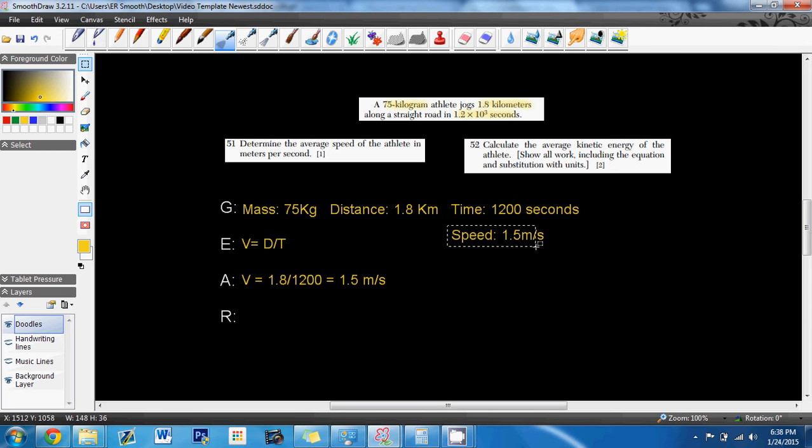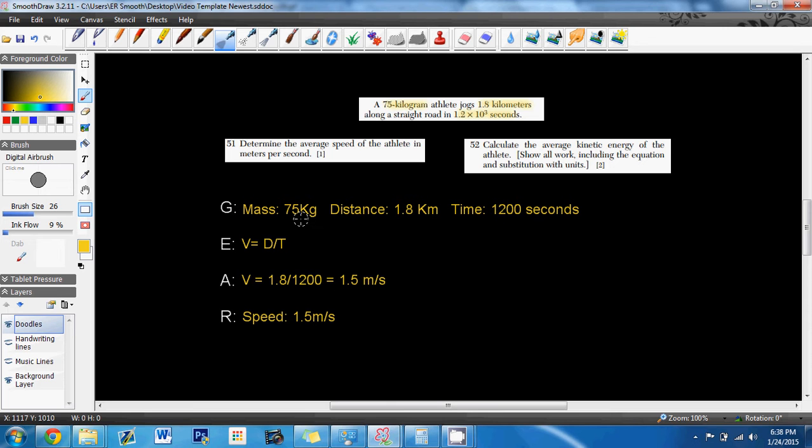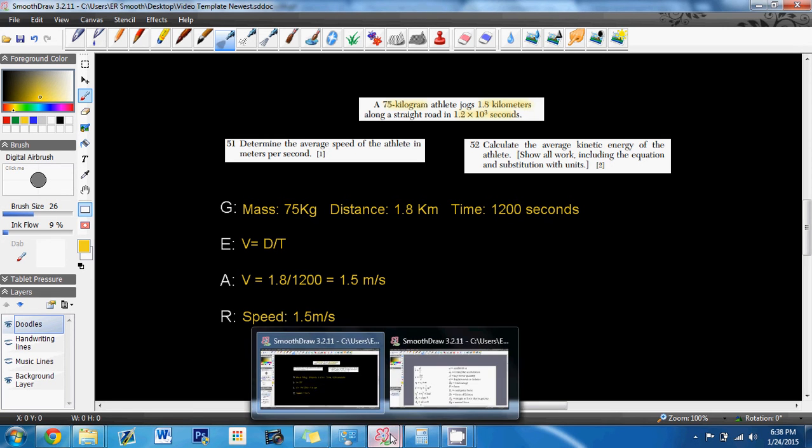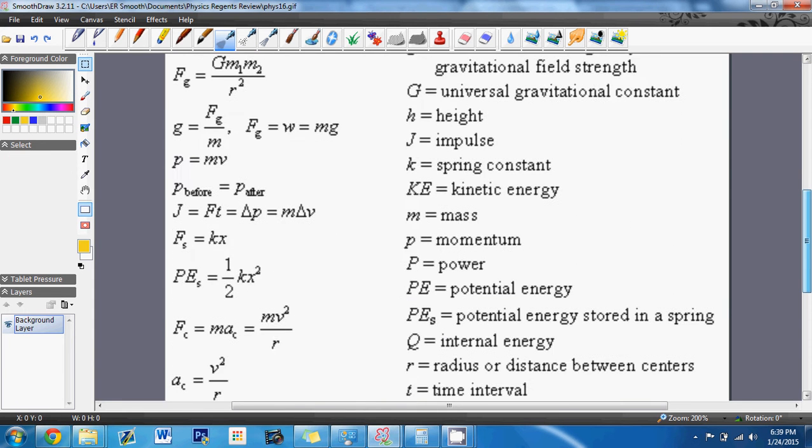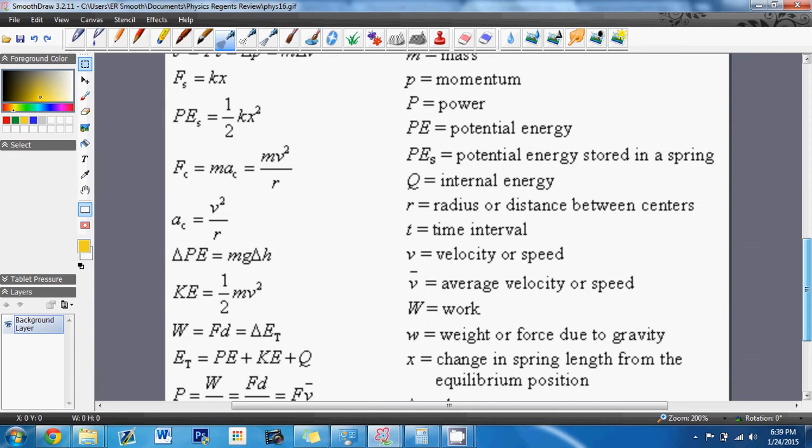Alright, so let's do the next one. So now let's move on to number 52. 52 is asking, calculate the average kinetic energy of the athlete. So the equation for kinetic energy would be KE equals half mass times velocity squared, right here.